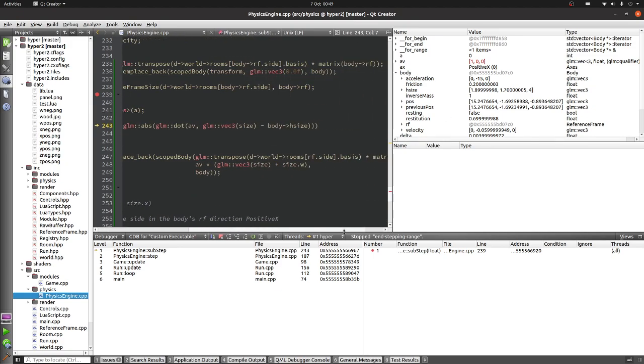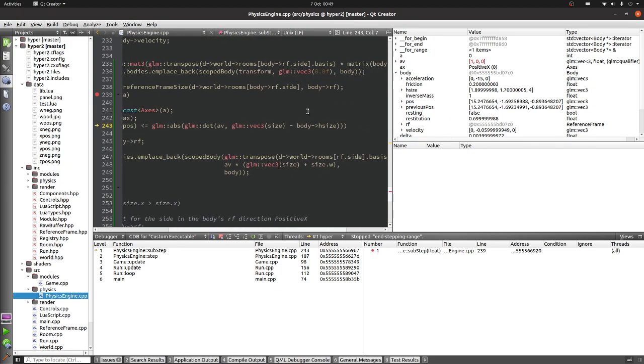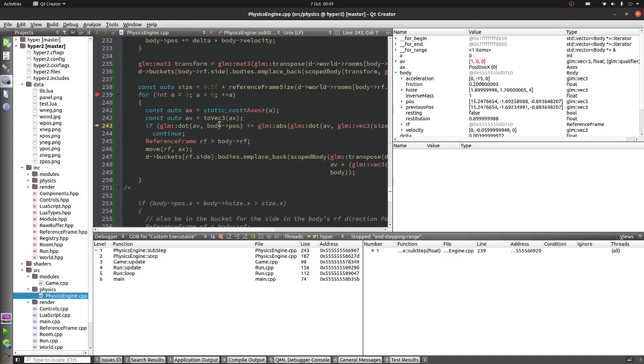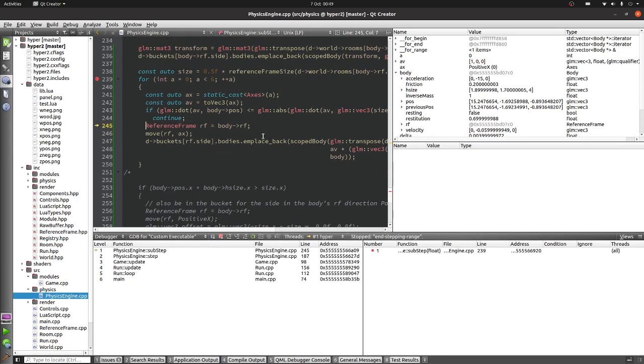Is that less than or equal to vec size 16 minus h size 1.9, that's going to be 14.1, dotted with 100. You're going to get 14.1. So is that less? No, this should, yes, it goes through.